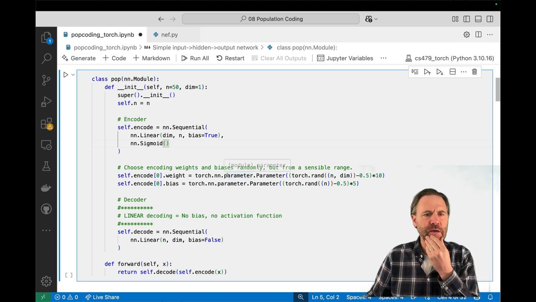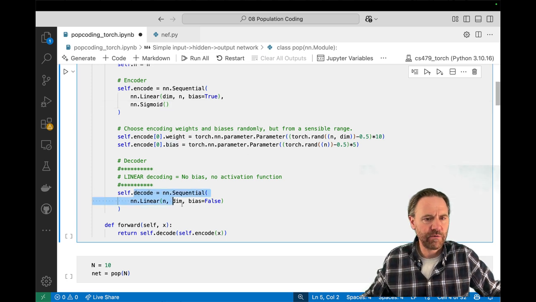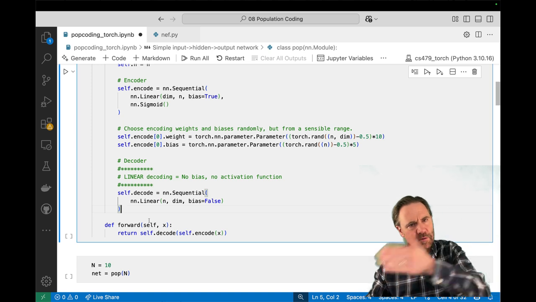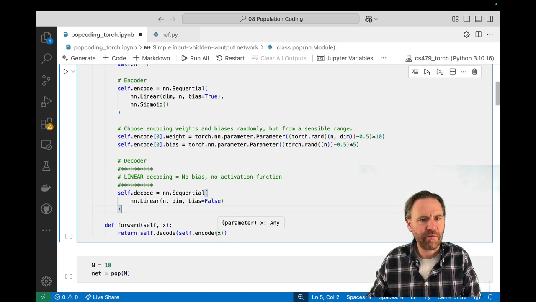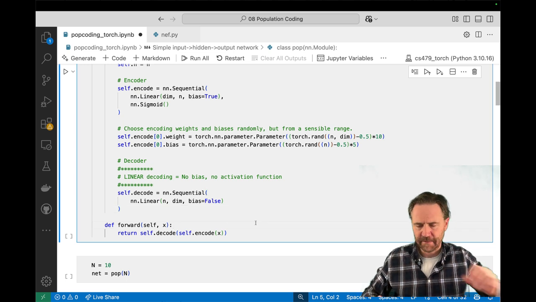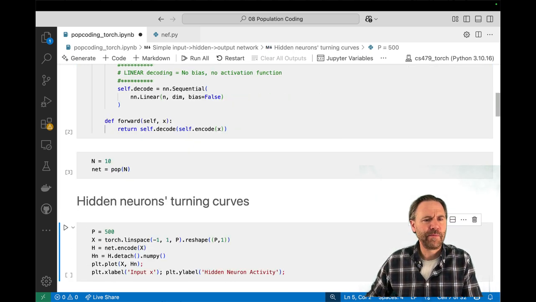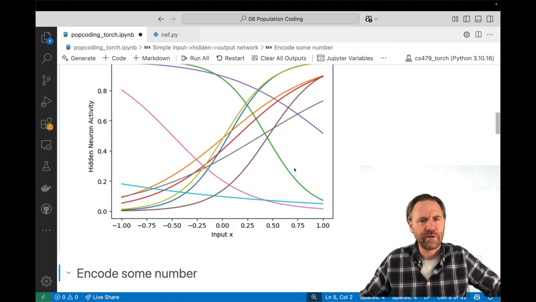And I've got my encoding weights, and I'm going to worry about the decoding weights later. This is my decoding weights. So the forward run into the hidden layer and back out is just encode the value X and then decode that hidden activity. So 10 neurons, and let's look at what these neurons look like.